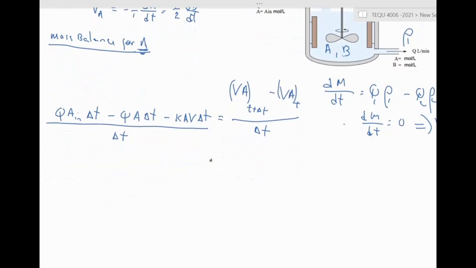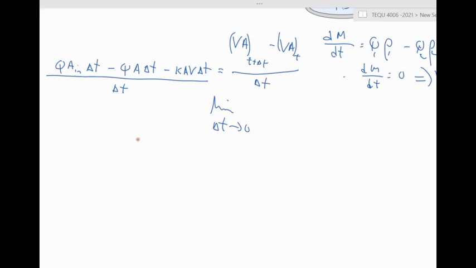Now, in the limit that delta T tends to 0, the right-hand side will become a differential equation.